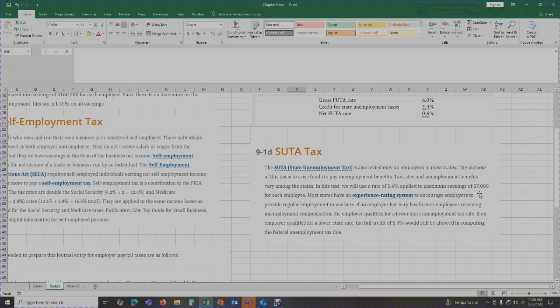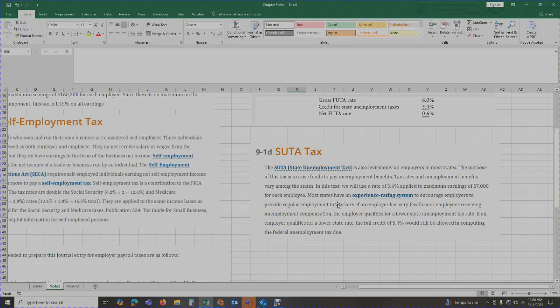Once again, the cap is $7,000. The rate is 5.4%. Now that is not correct per se. They're giving you kind of like an average here. Every state varies. Okay, so like I said, in the future, if you are majoring in accounting, we will learn more about the state unemployment tax.